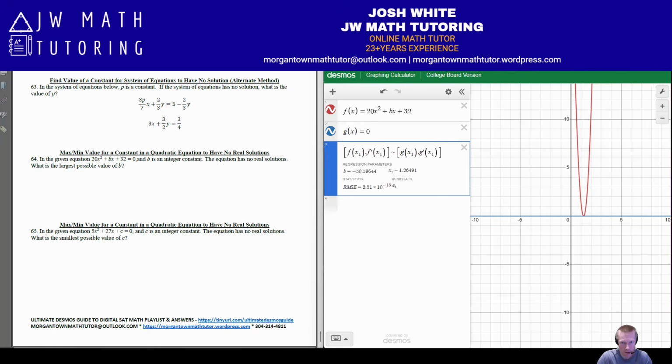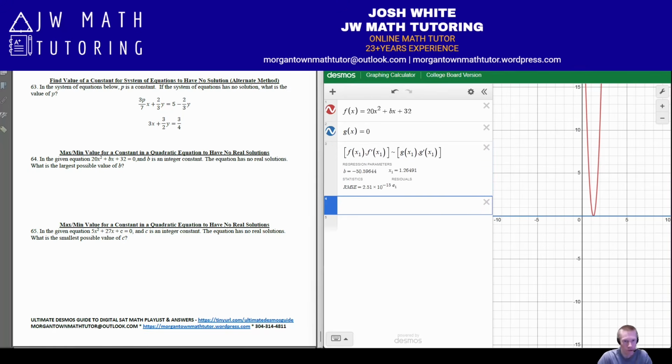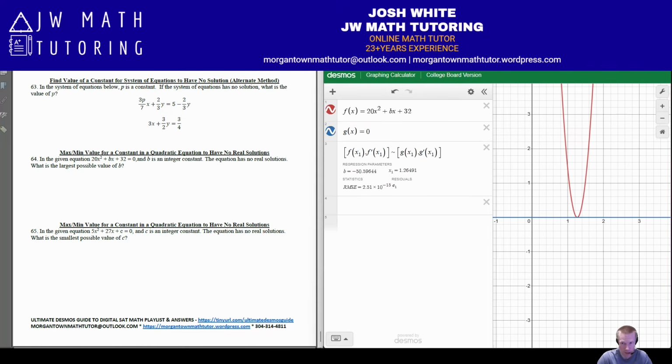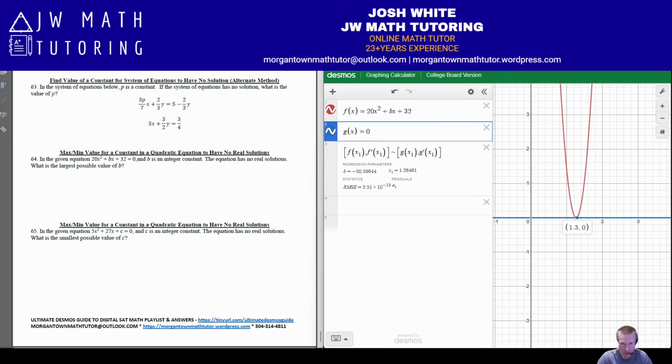Okay, let me slide over so you see the whole thing. So notice here, it gives me this negative value. The value returned for b is negative 50.5, but that value is technically intersecting the x-axis. The vertex is right on the x-axis, right here.